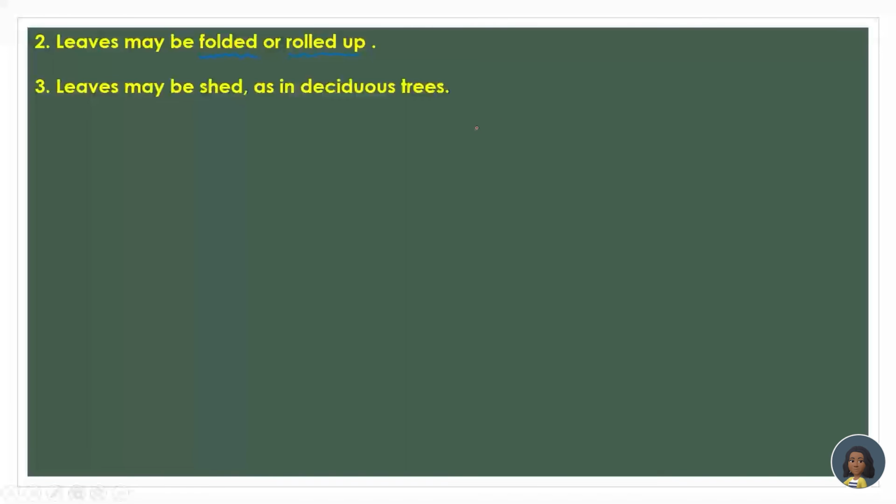Deciduous trees basically mean trees that shed their leaves in a particular season. Those are known as deciduous trees.